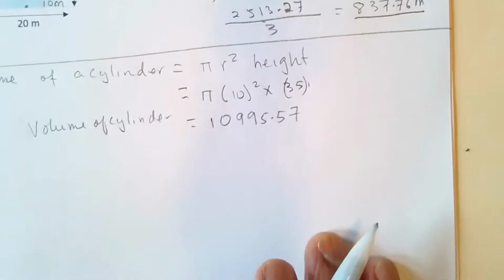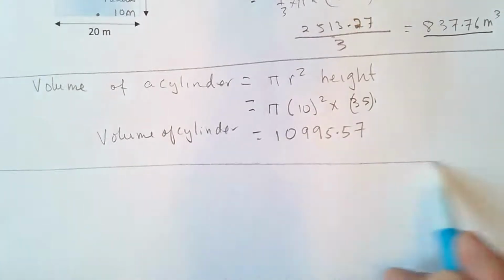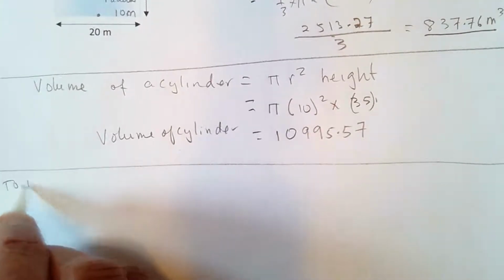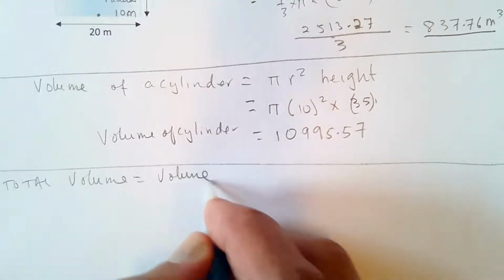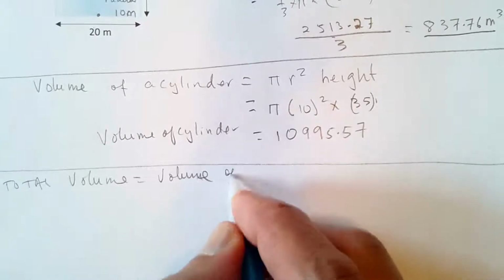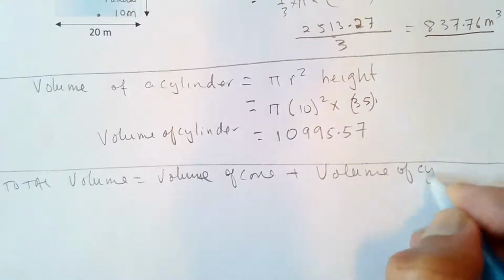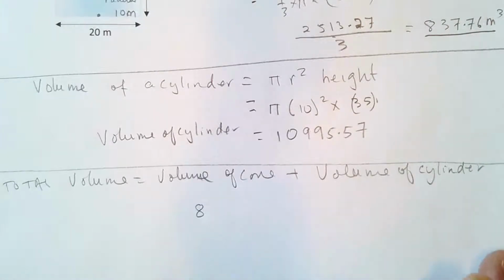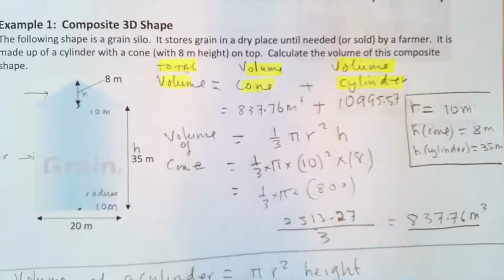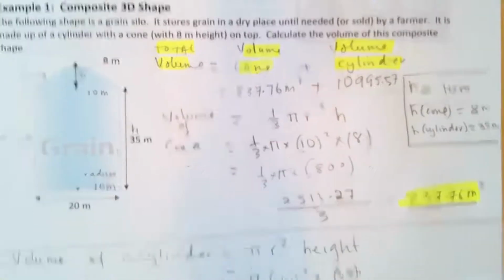So the total volume is equal to the volume of the cone plus the volume of the cylinder. The volume of the cone we said is 837.76. There's the volume of a cone, and the volume of a cylinder below here.